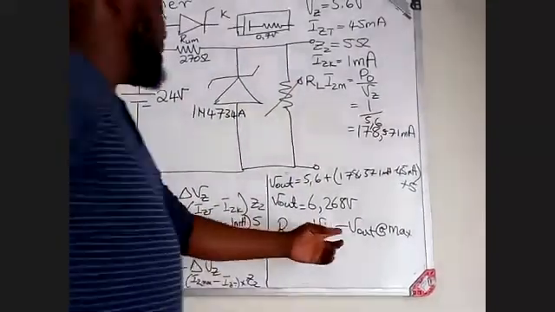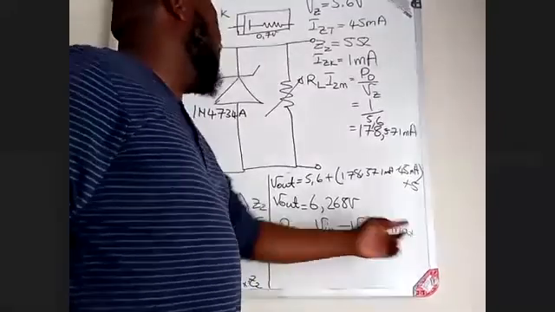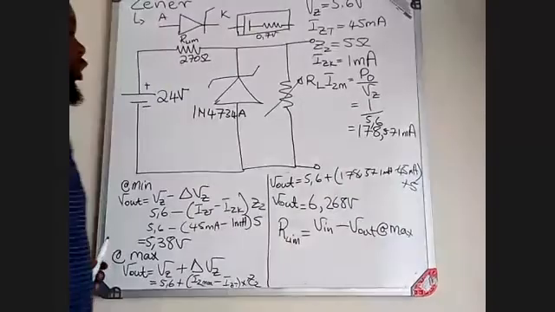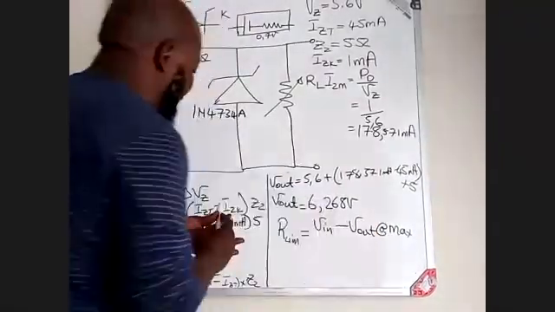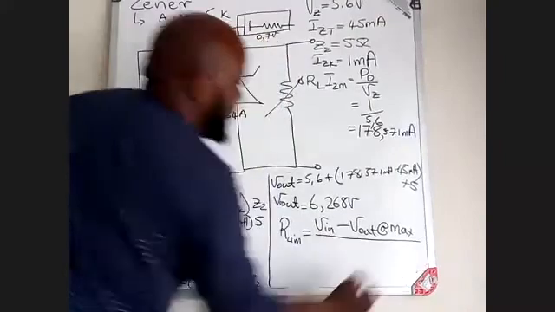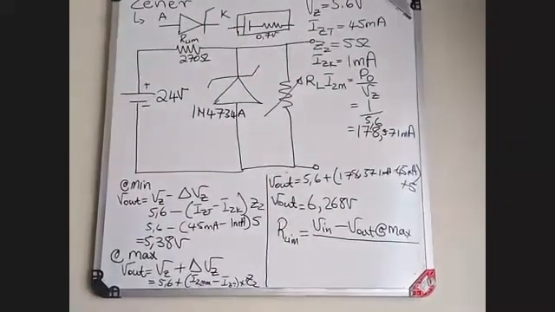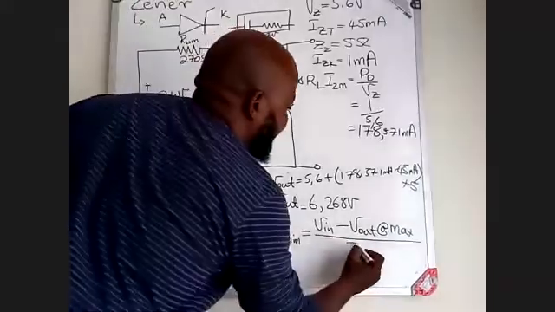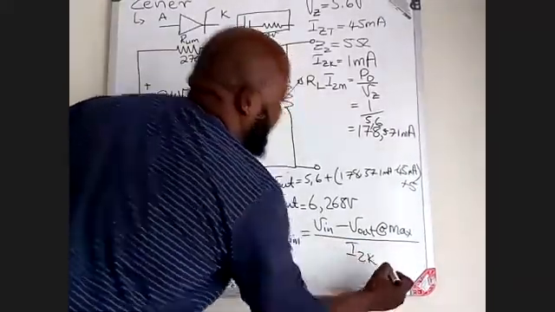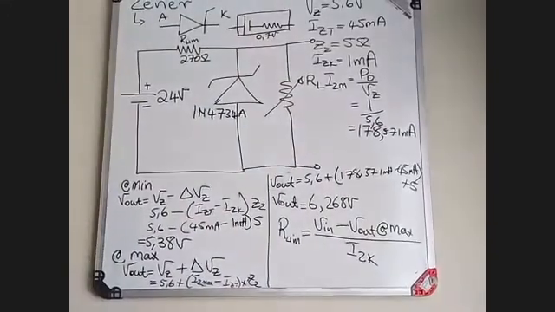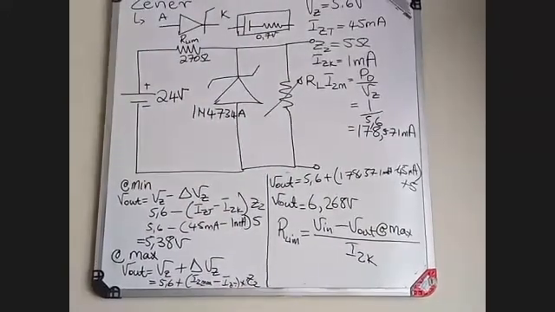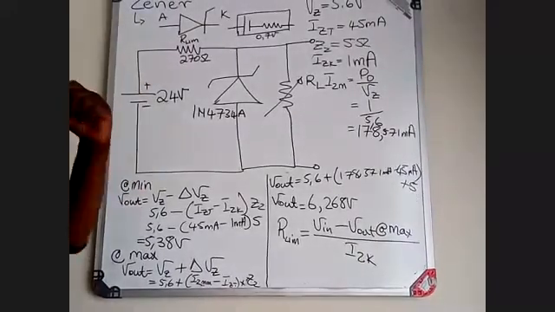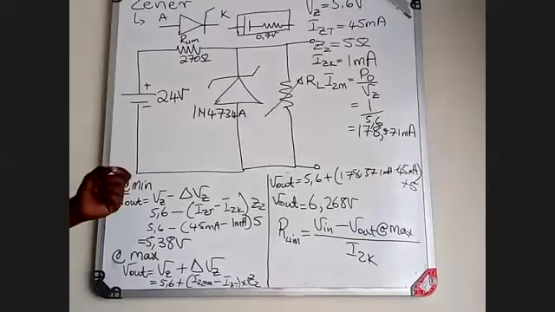Remember, you've got V out at minimum and V out at maximum. So it must be your V in minus V out at maximum, divided by your IZK. Now, that is when it is not given.